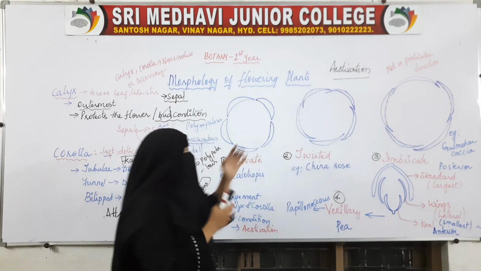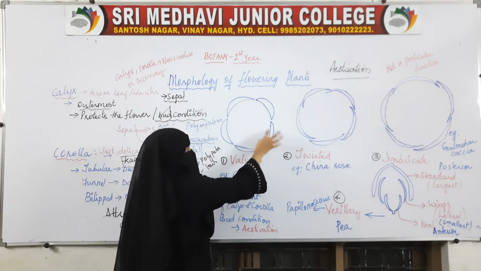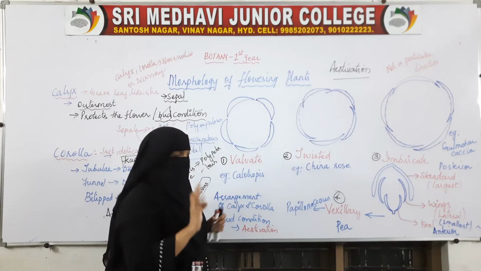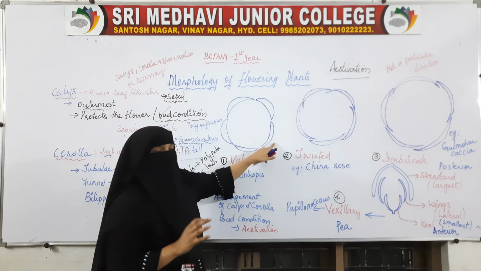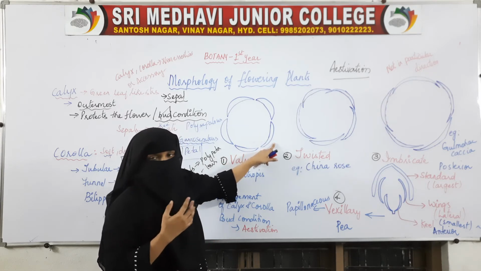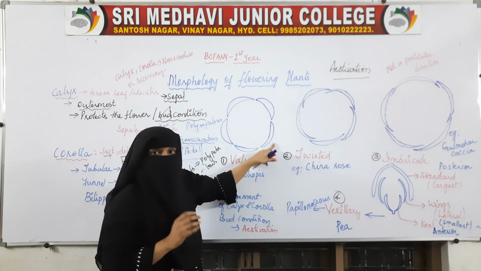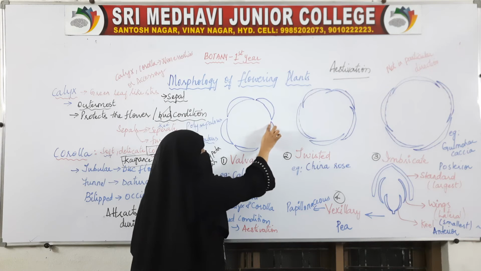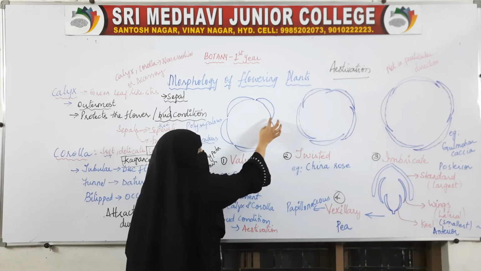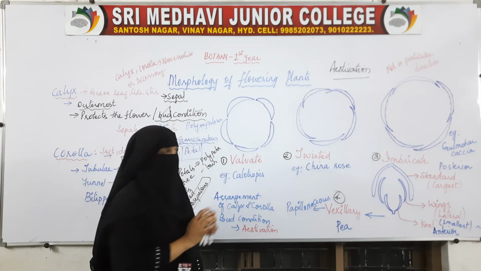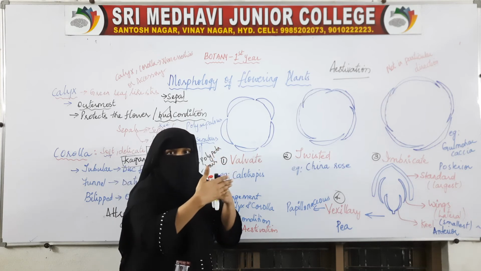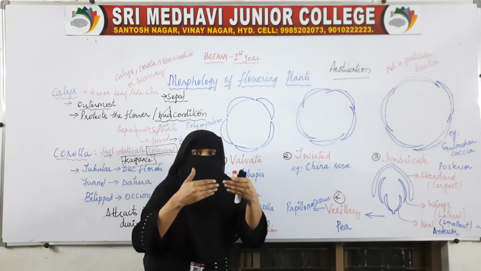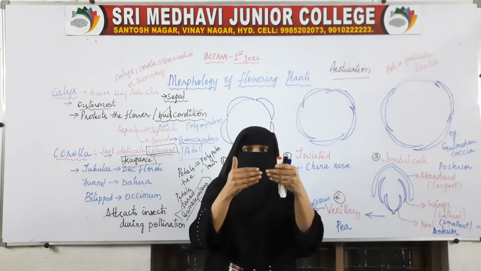Okay, here, imagine this as a petal or sepal, you take any, because both show the same arrangement. If the petals are just touching each other, not overlapping, and overlapping means crossing one another. This is one sepal, this is another sepal.